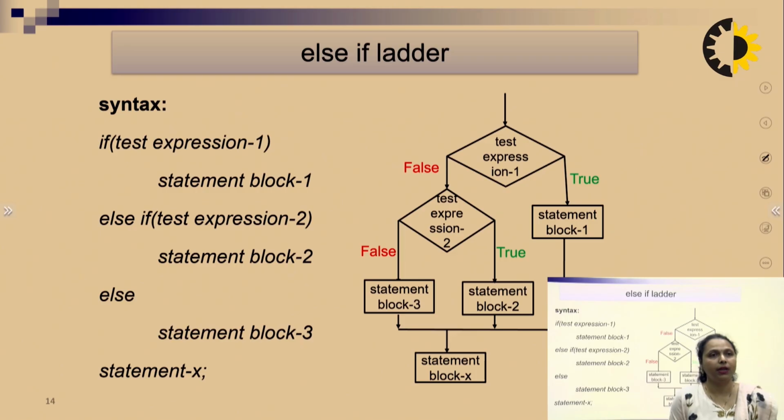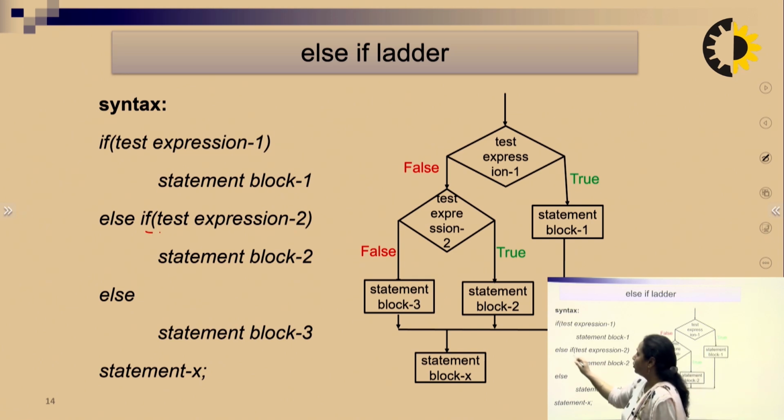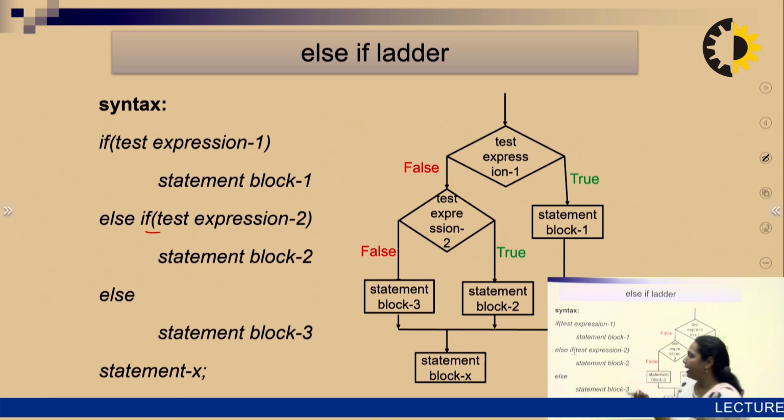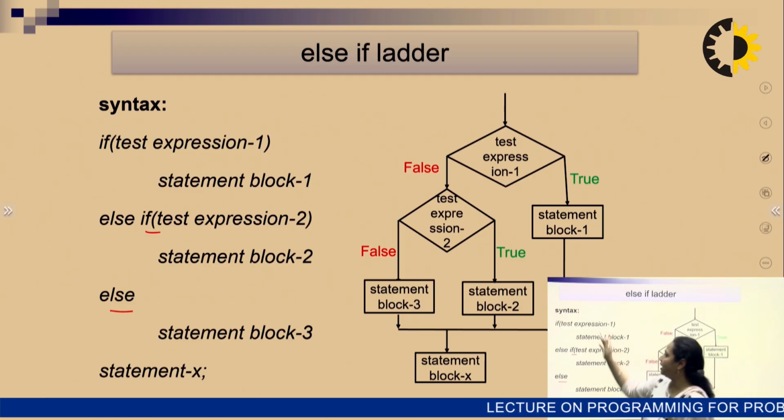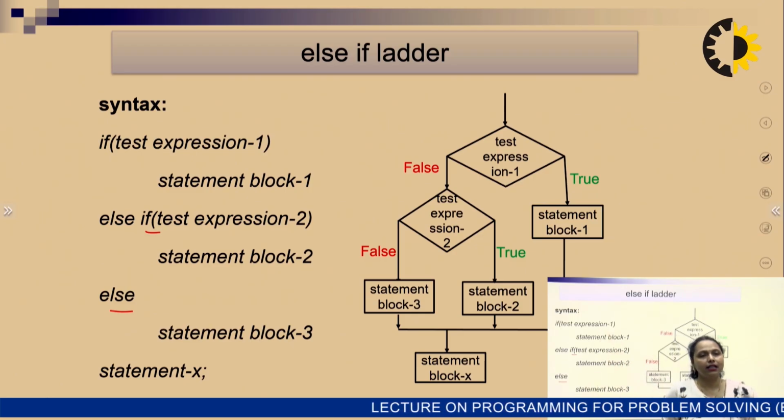After checking the main condition, we again provide a condition with else. So with else also, an if block is written, and at the last we go with the else part. If all the conditions fail, then the else part will be executed. In this way a ladder will be formed.